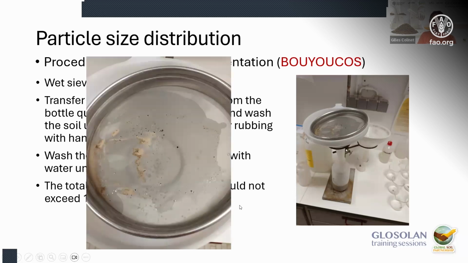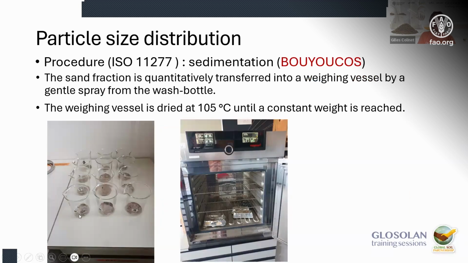We wash this, and when the liquid is completely clear, we put it in the beaker. So it will be here, the beaker with the sand fraction. We put it in the oven, and then we just wait. And by weighing this quantity, we know how much sand there was in the sample.